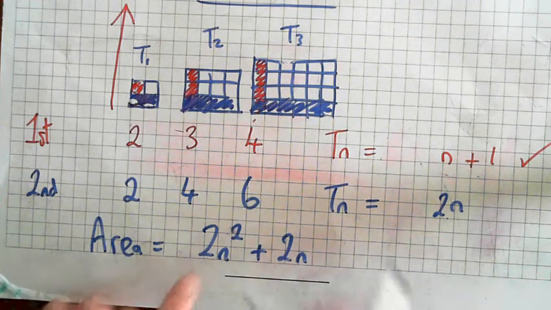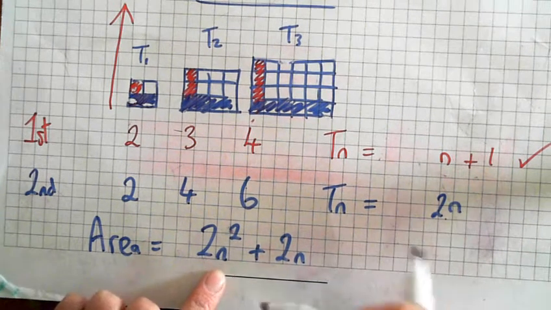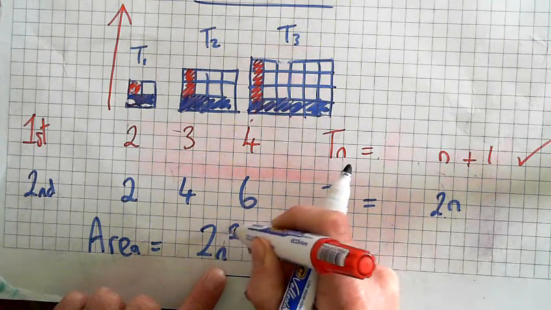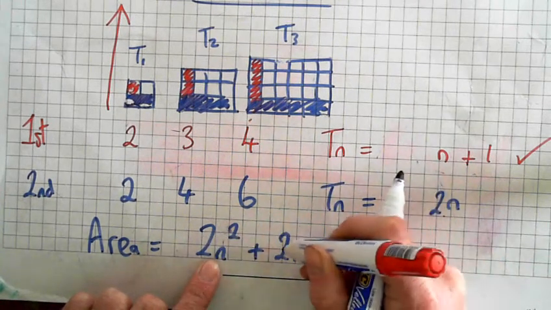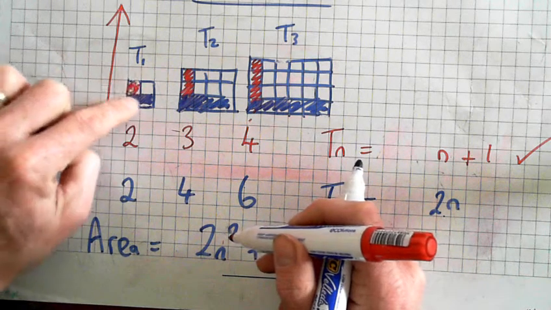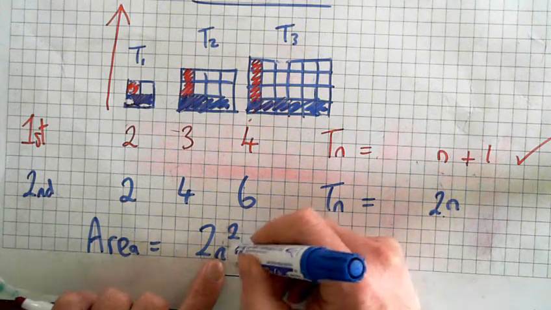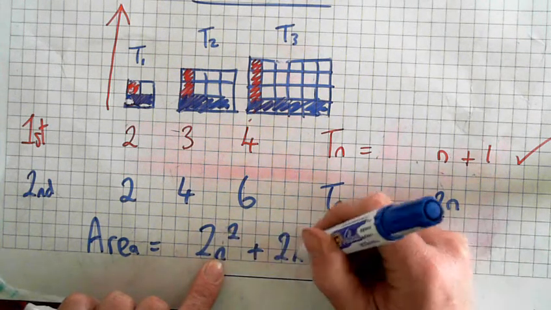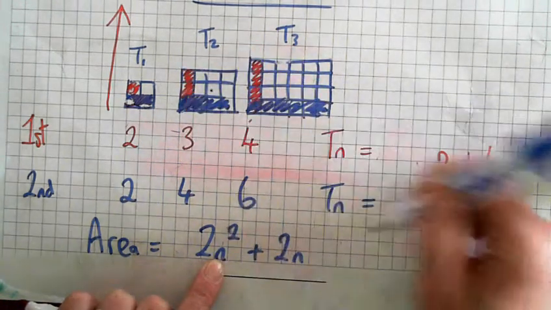Alright. Check the formula, see that it works. If I put in 1 here, 1 squared, you can key it into the calculator, 1 squared is 1, times 2 is 2, plus 2 times 1 is 2. 2 and 2 is 4 squares. If I put in 2, 2 squared is 4, times 2 is 8, and 2 times 2 is 4, plus 8 is 12. 12 squares.